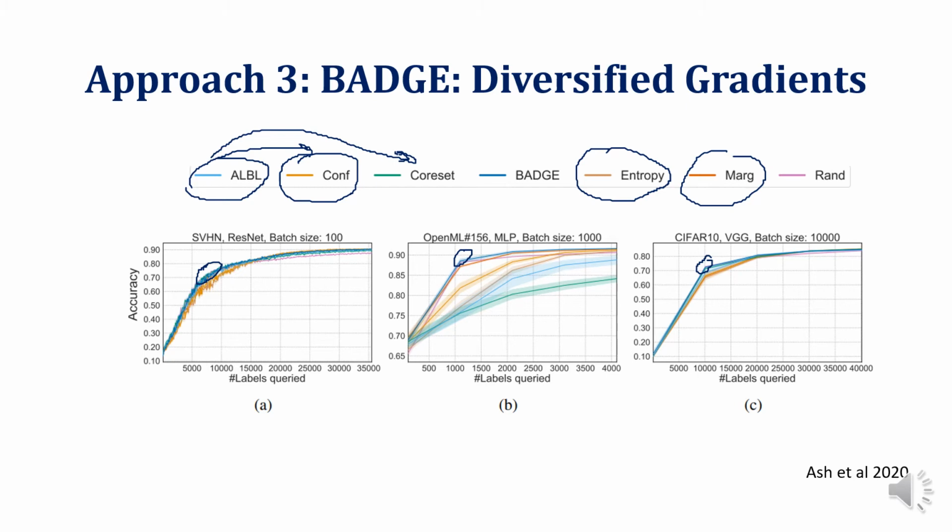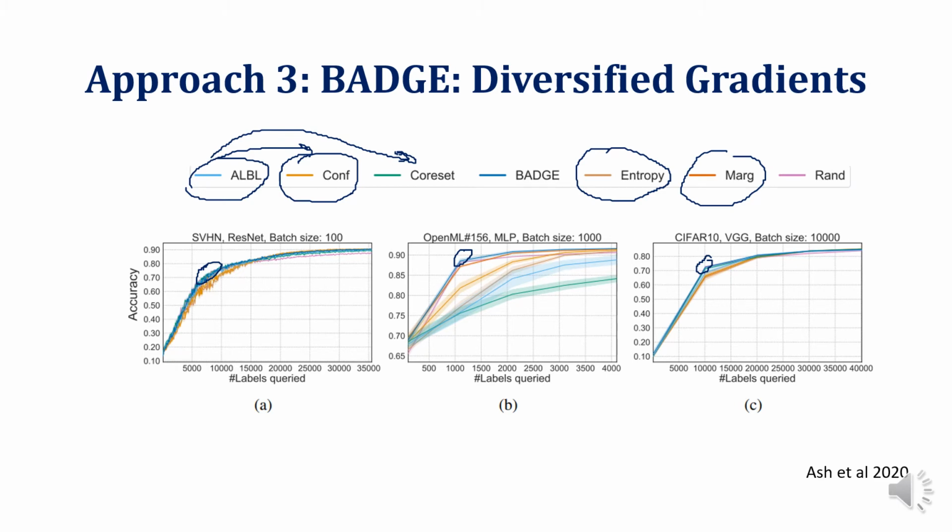Conf that you see here is an uncertainty based active learning algorithm that selects a batch of examples with the smallest predicted class probability. Marge is an uncertainty based active learning algorithm that selects the bottom B examples sorted according to the examples' multi-class margin, so based on margin based classifier.